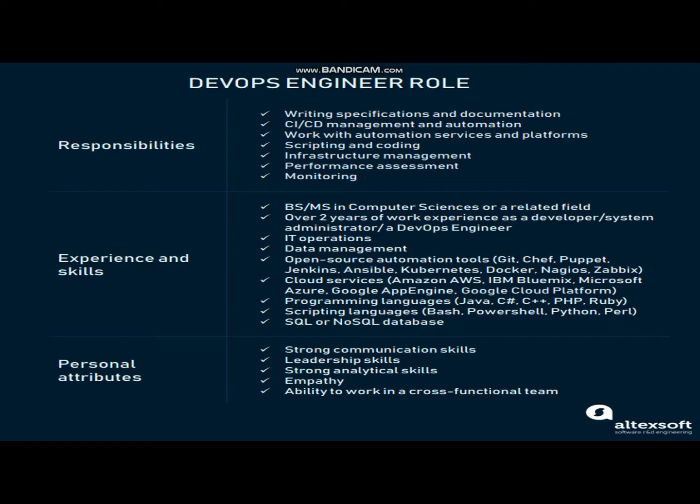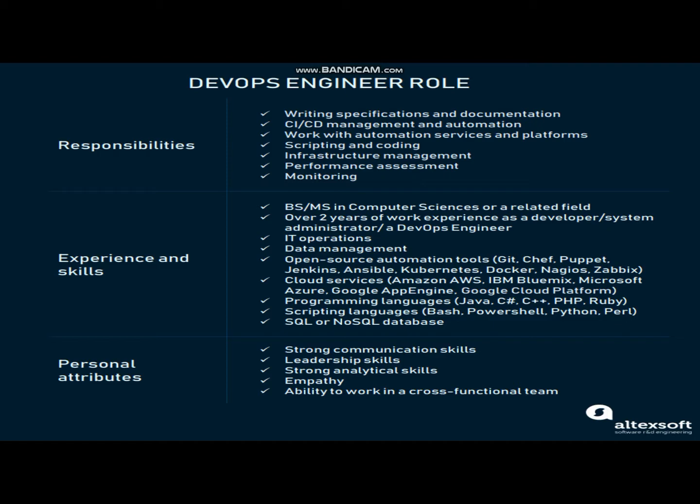These are the basic roles that have been found for the DevOps engineer. The first one is responsibility: writing specifications and documents, working with automation services and platforms, and so on. Experience and skill: a DevOps engineer must have over 2 years of working experience as a developer, system administrator, DevOps engineer, in IT operation, data management, and so on.